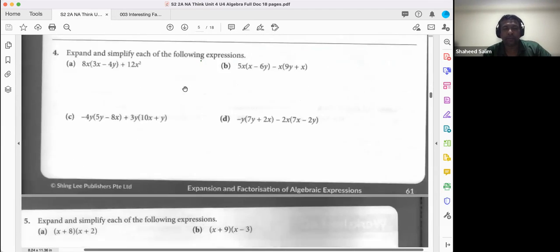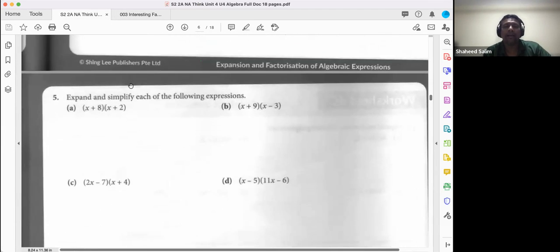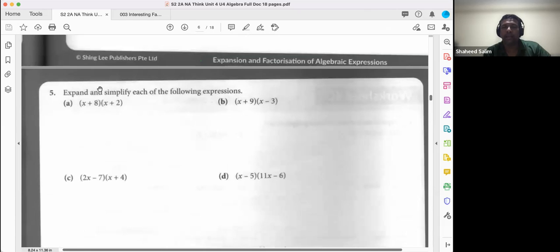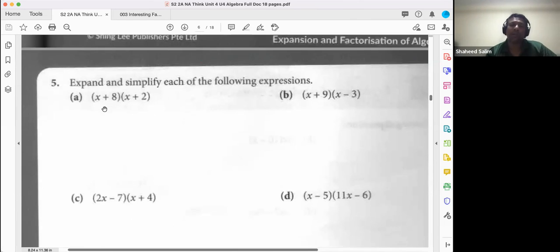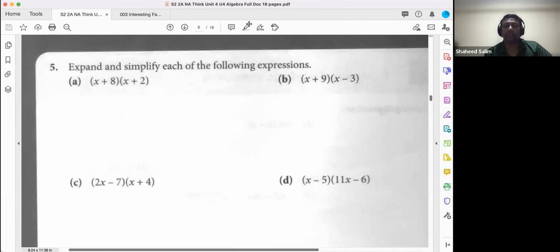Okay. So now, this one, you got to learn this because we are going to do the reverse of exactly this. So, Asan, you know how to do the reverse of this? Yes, okay. So we try A, and then I'll show you the reverse immediately after this. Okay, you try A first.